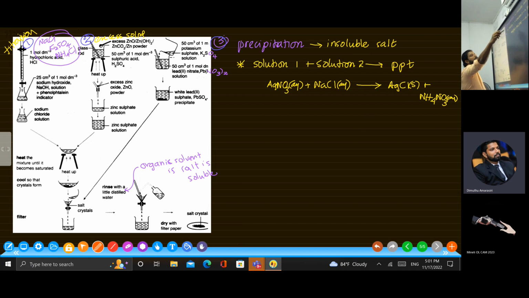If the salt is insoluble, then precipitation. Those are the three methods. Just say that if the salt is insoluble, use the precipitation method. That's the summary.